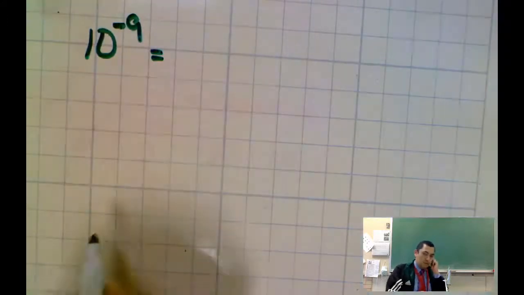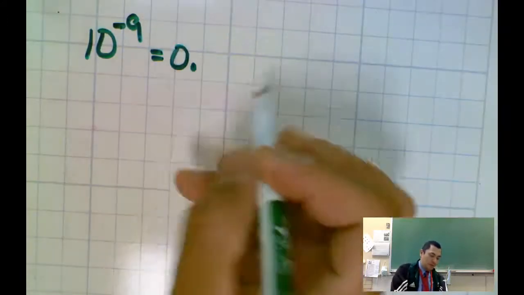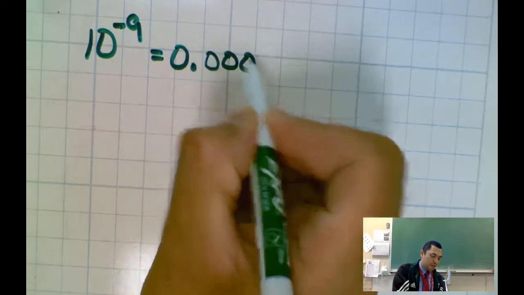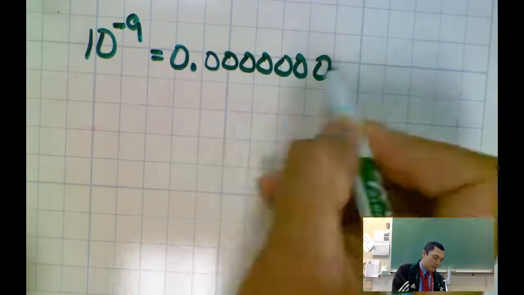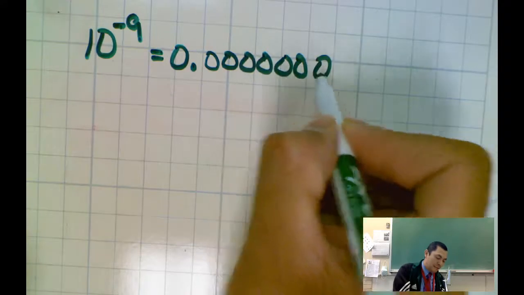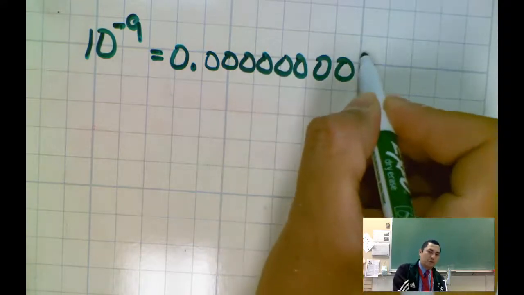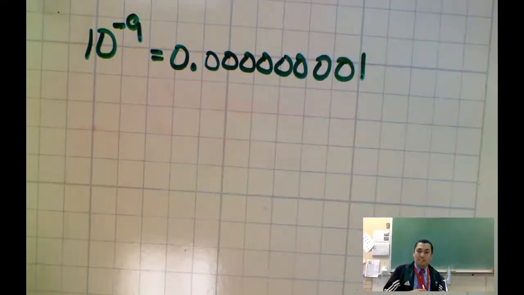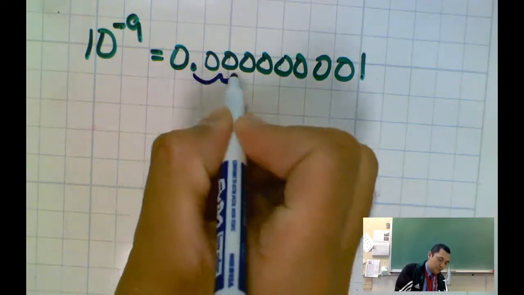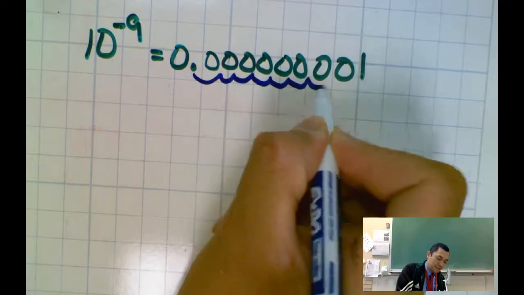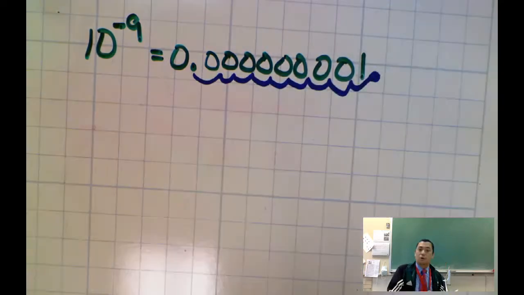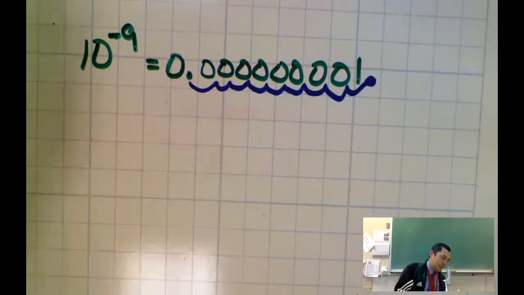So 10 to the negative 9 is equal to 0 point, and you count 1, 2, 3, 4, 5, 6, 7, 8. And then you're going to put 1, okay? That's the form. And then you count how many units? 1, 2, 3, 4, 5, 6, 7, 8, 9. So that's 10 to the negative 9.